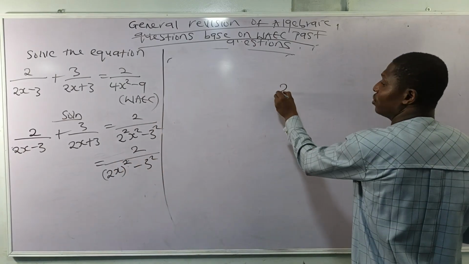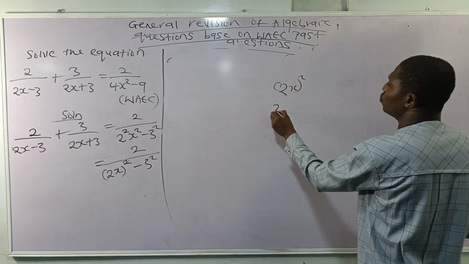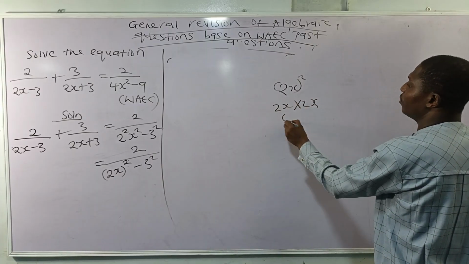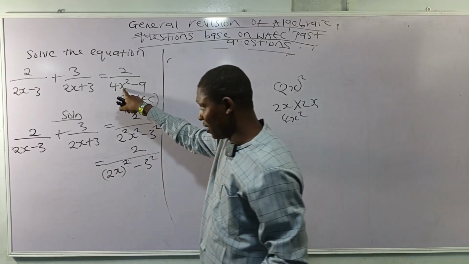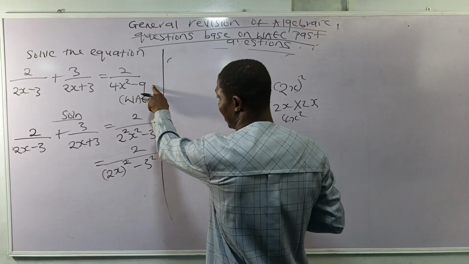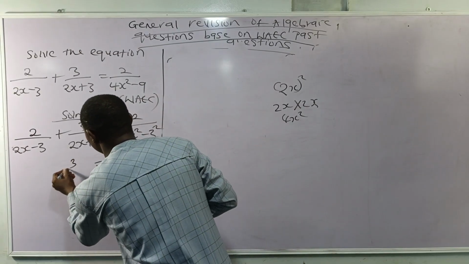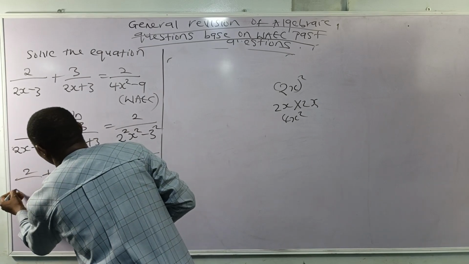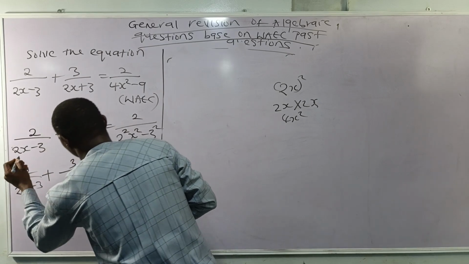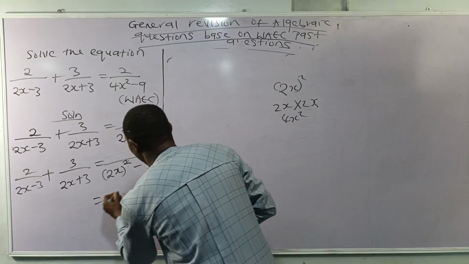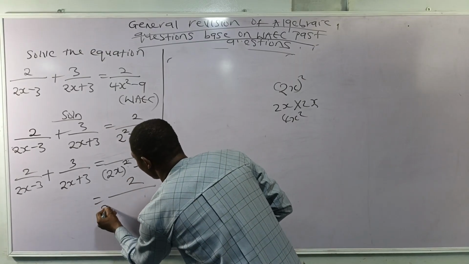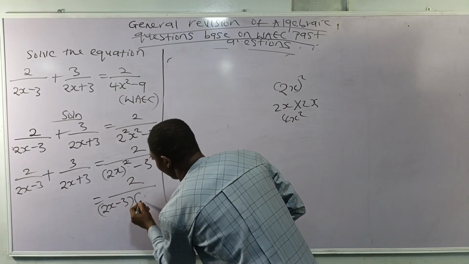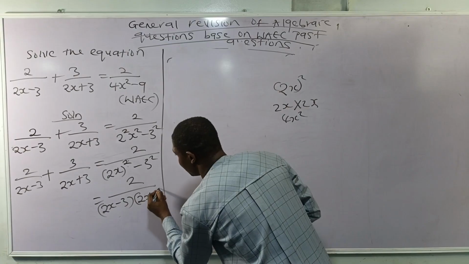Check. (2x) squared gives you 2x times 2x, giving me 4x squared as it was earlier. And 3 squared is 9. So this remains 3 all over 2x plus 3 plus 4 all over 2x minus 3, which becomes 4 all over (2x minus 3)(2x plus 3).